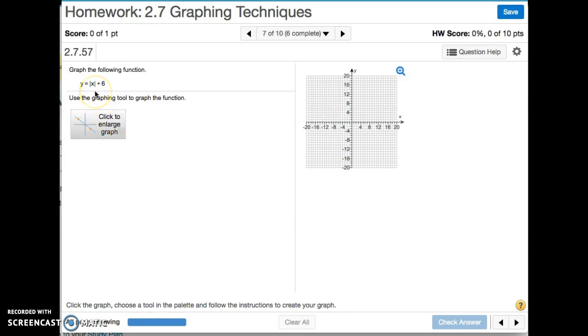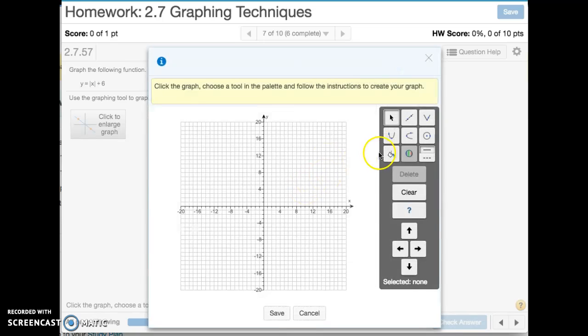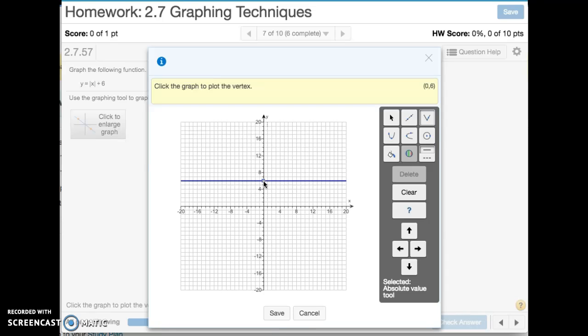Okay, here we have our basic y equals absolute value of x graph, but with the +6 after it. That means our absolute value graph has been shifted up by 6 units. So we're going to use the absolute value graph tool, which is our V, and we're going to locate the origin, which would be our basic y equals absolute value of x, but this one has been shifted up 6 units. So we can plot one point at the vertex of 0, 6, and then we need to plot at least one other point.